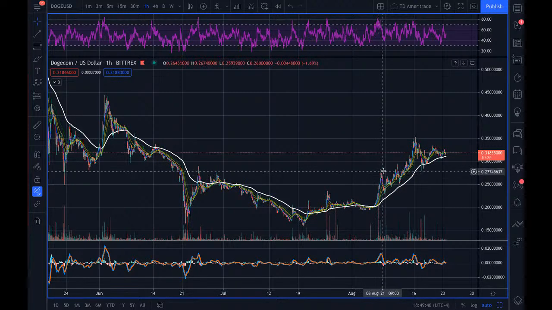But once it invalidated my count, I was able to get back in and make money again on the next wave up. Because I know that it's going to repeat some of these patterns over and over again. And there's only so many patterns that can happen. And that's where I get the predictive power from.